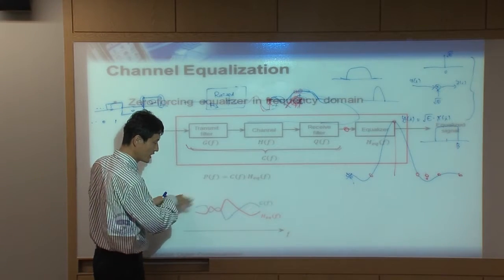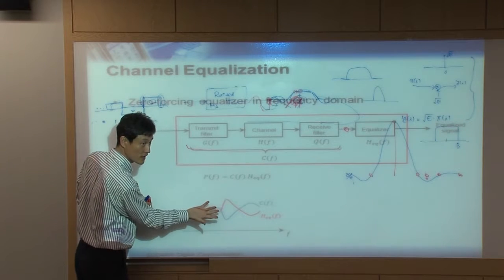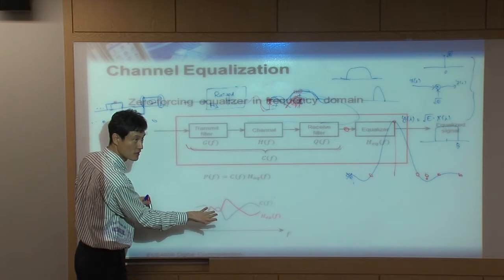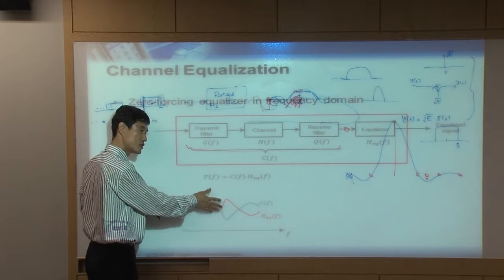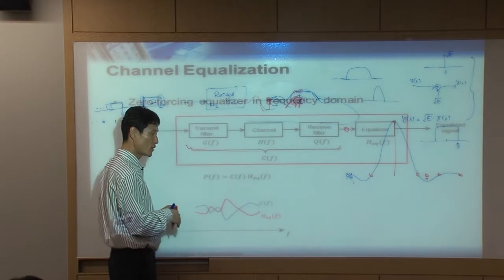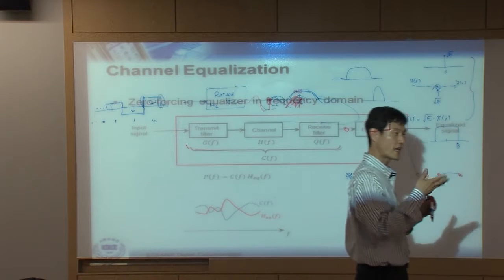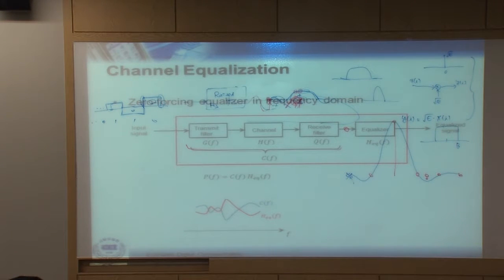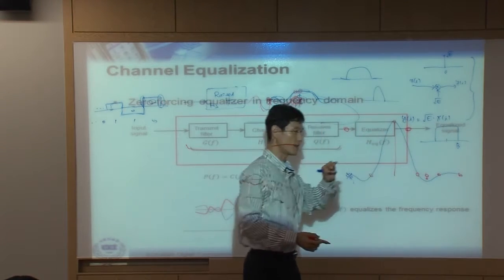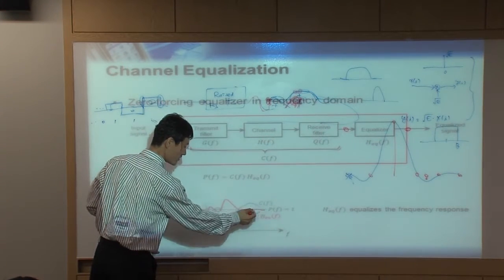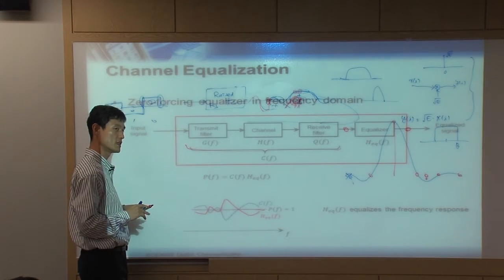The red one is actually the inverse of blue. Once you take the inverse of the blue and multiply these together, then what happens? It cancels out and becomes flat. So eventually the output of the equalizer is going to be flat. That's what you're trying to do.